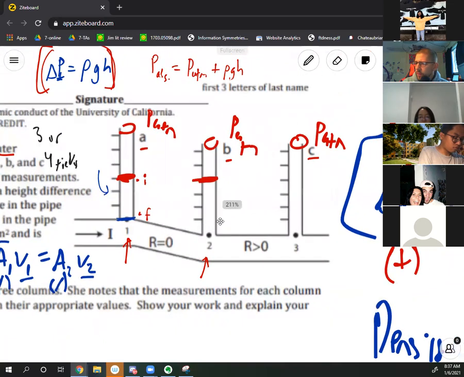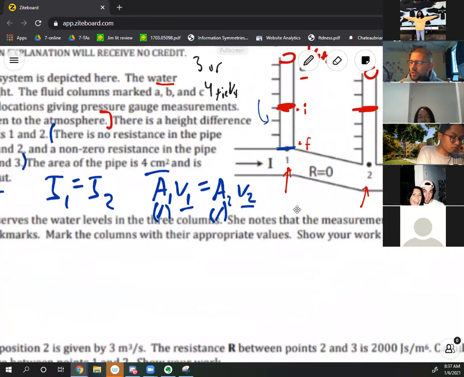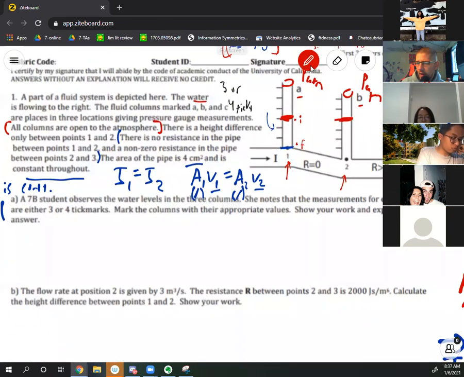Okay, so any follow-up questions? For the ticks, how did you determine there's 3 versus 4? Is it because they have to be equal? Sure. It's given in the problem that it's either 3 or 4 tick marks.